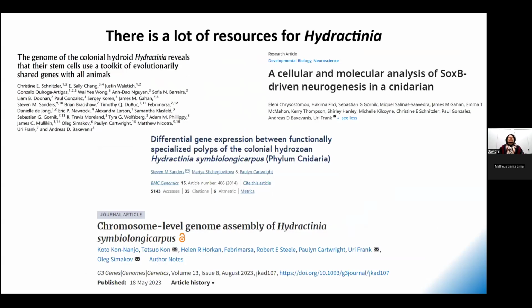More than this, when we see all the resources that are available already for Hydractinia, we see that we have a lot. So we have a genome already. We have several functional experiments with a molecular analysis, like in situ or immunofluorescence, that have been documenting the molecular function of the genes in the colony.